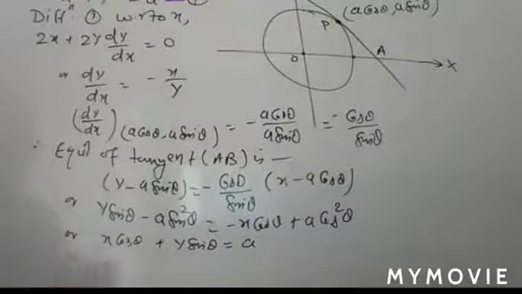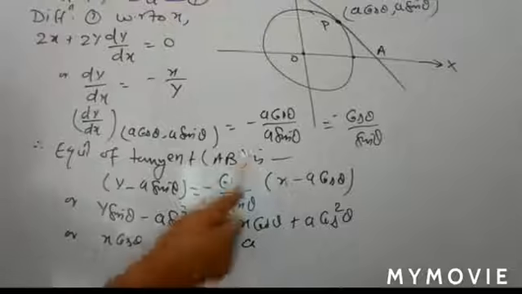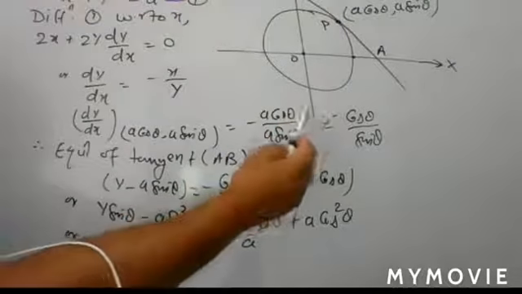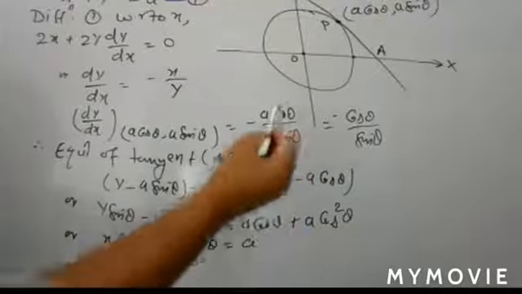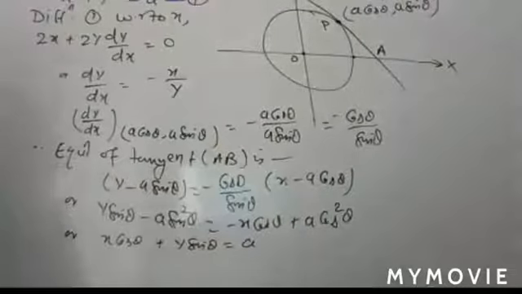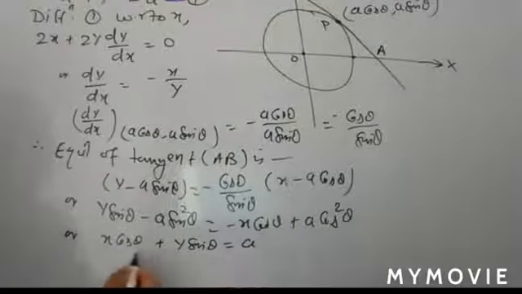Now, what is your question? It is given that the tangent cuts off intercept OA on the x-axis and OB on the y-axis. So you have to reduce this equation to intercept form, that is x by a plus y by b is equal to 1. In this way, you can very easily get the values of OA and OB. Divide each term by a.